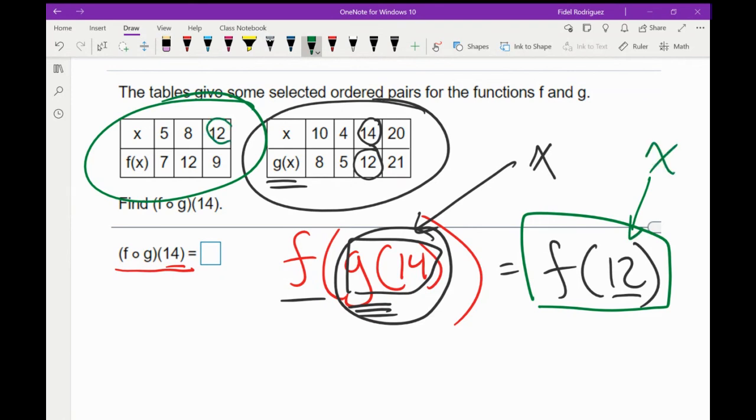When x is 12, what is the f value going to be? 9, right? Because now I'm using this one. So when x is 12, the y value is 9. I'm going to come back over here, and my answer is 9. I'm going to check it, and we figured it out.